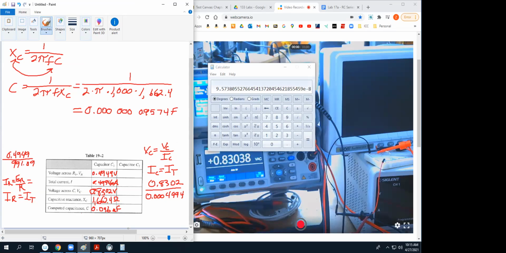The equivalent capacitive reactance and capacitance, this is procedure number 7, by the way, can be found for the series connection by measuring across both capacitors as if they were one capacitor. Enter the data in table 19-3 in the column labeled series capacitors. The following steps will guide you.